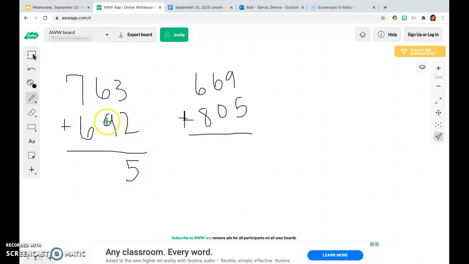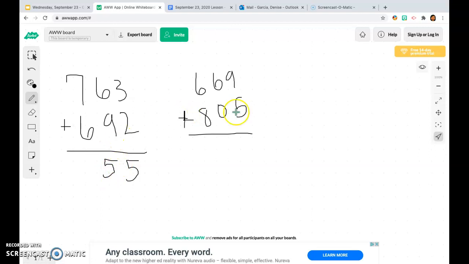Here we have 9 plus 6. What is 9 plus 6? 9 plus 6 is 15. This is what I cannot do. I cannot put 2 digits in one place value, so I'm going to go back. What I am going to do is I'm going to write the 5 down here. And remember, once I get to 10, I can go ahead and regroup.